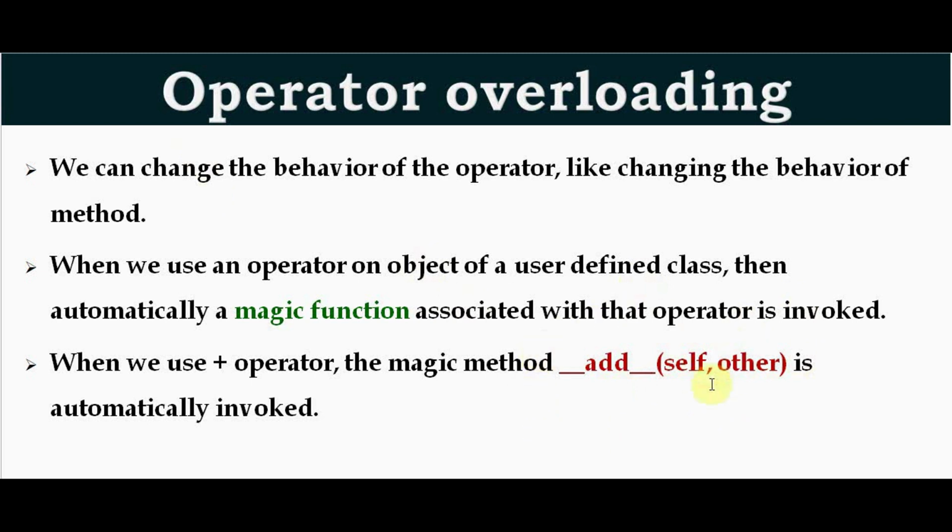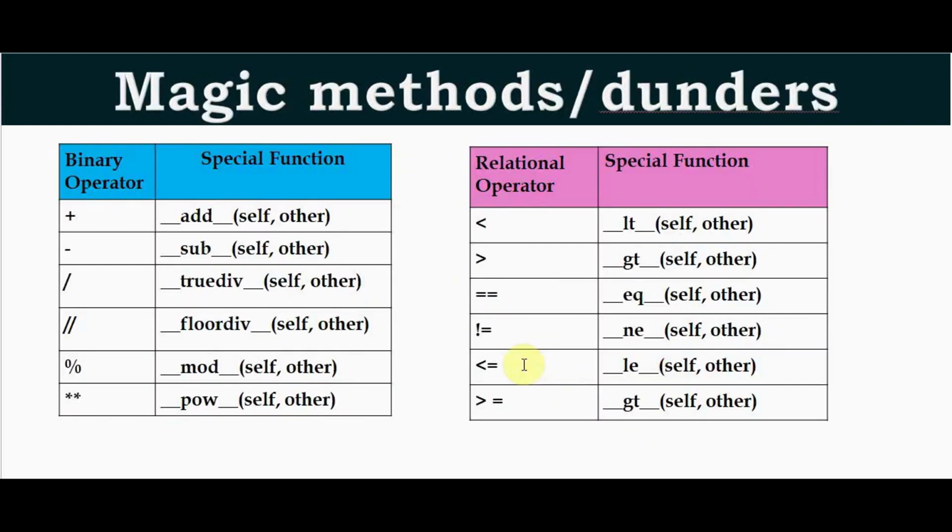In this, the operation for the plus operator can be defined by us. Magic methods are also known as dunders. Dunder means double underscore, because all the special functions start with a double underscore and end with a double underscore.